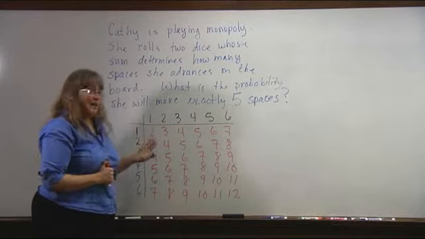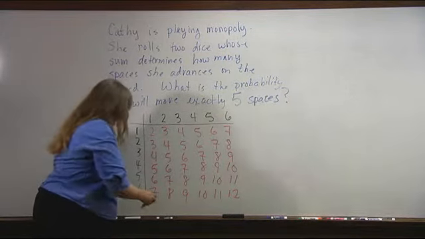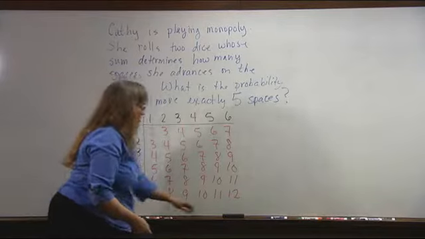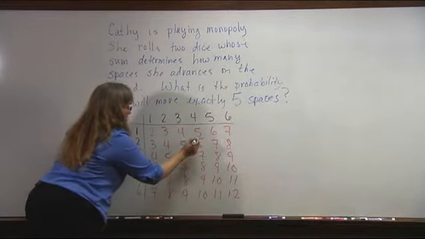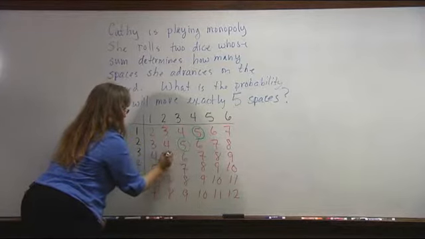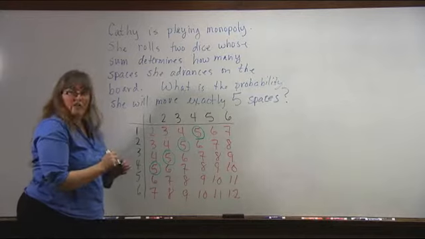What this chart now tells us, though, is that we can look here and see how many ways there are to roll a 5. And so we can just count. Here's 1. I'll just circle them. 2, 3, 4 possible ways of rolling a 5.